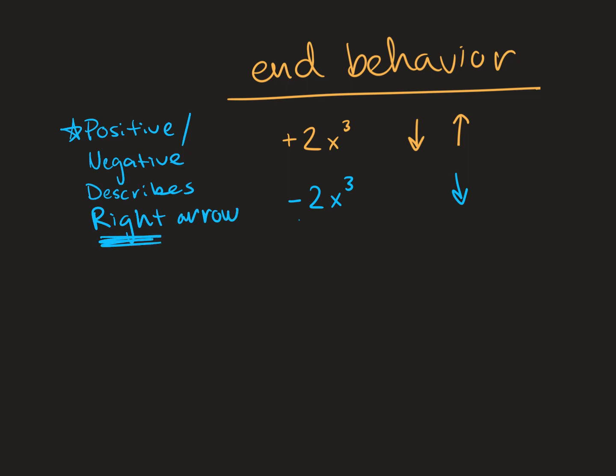So positive or negative describes the right arrow. And my exponent is odd, so what's the left one going to do? The left one goes up. They go in opposite direction. So even or odd, even is the same direction. Odd is opposite.